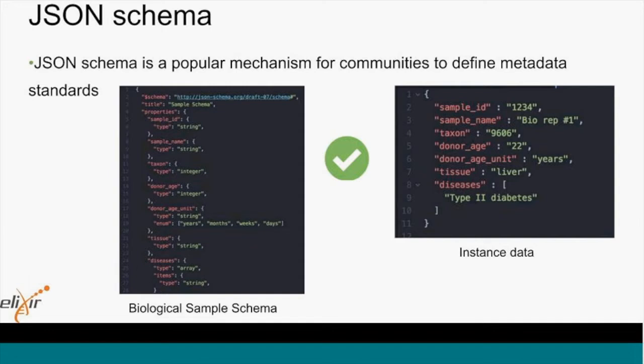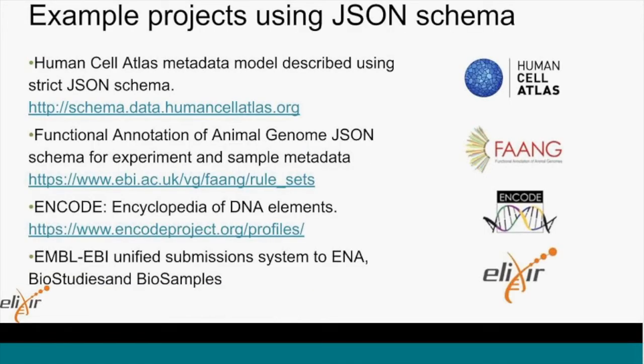Why JSON schema? On the next slide, we didn't choose JSON schema totally randomly. We looked at what other people were doing and what we could reuse, and people specifically we work with, and what we could leverage and have something that would be interoperable as well. We work closely with the Human Cell Atlas, HCA. I mentioned the FANG animal genomic project earlier on.